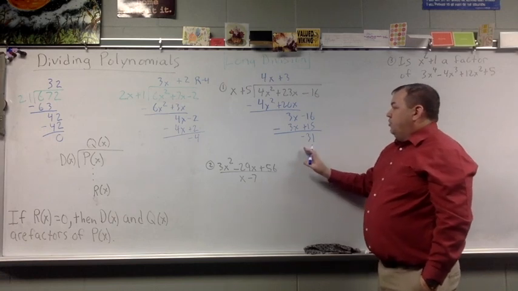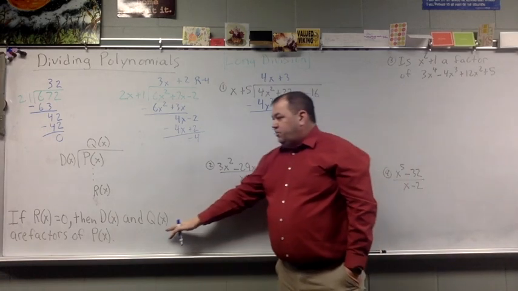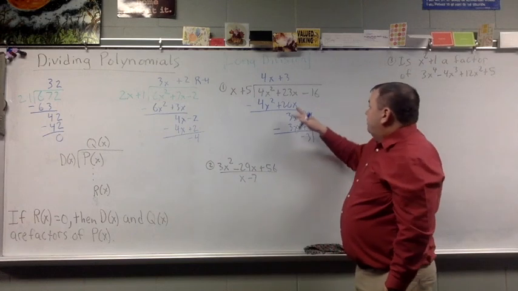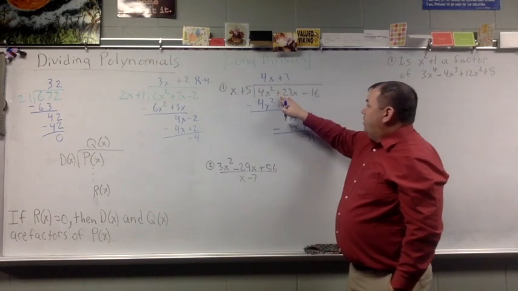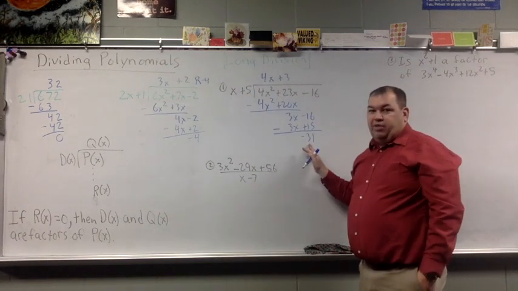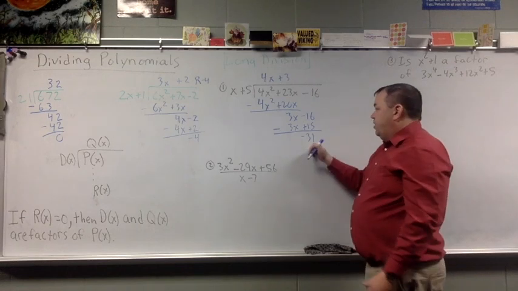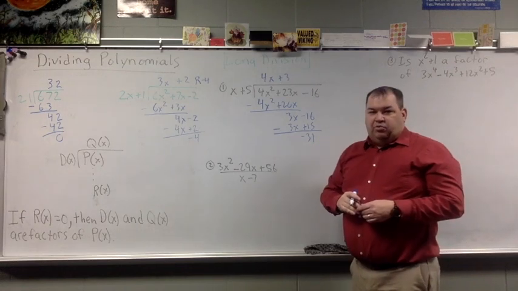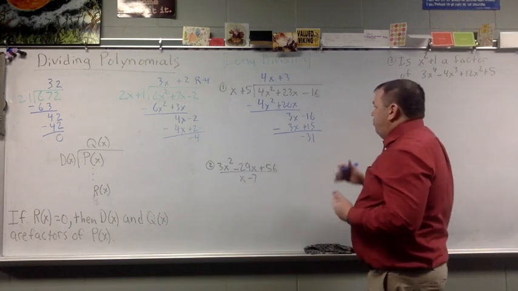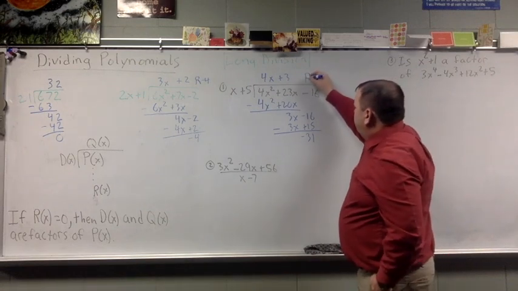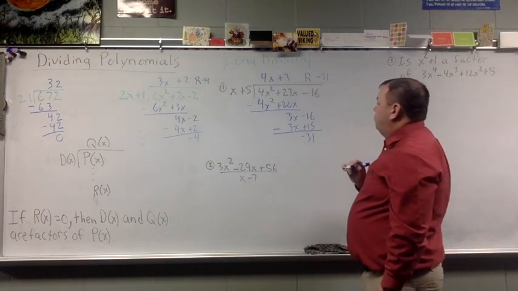If you get a remainder, according to this little theorem down here, these are not factors of that polynomial. Because if I have a remainder, they just aren't. If this remainder was 0, I'd have something to work with. Now there are a couple of ways to write the remainder. We can do it the old school way and say a remainder of negative 31.